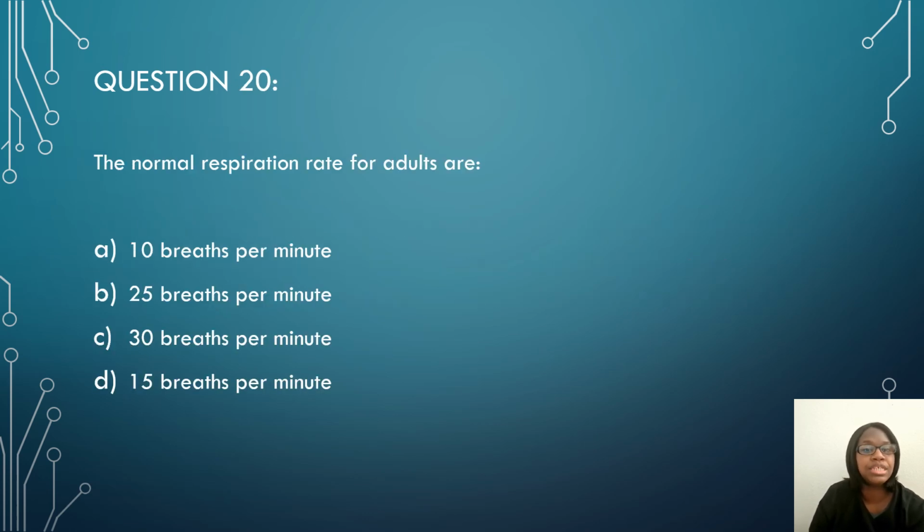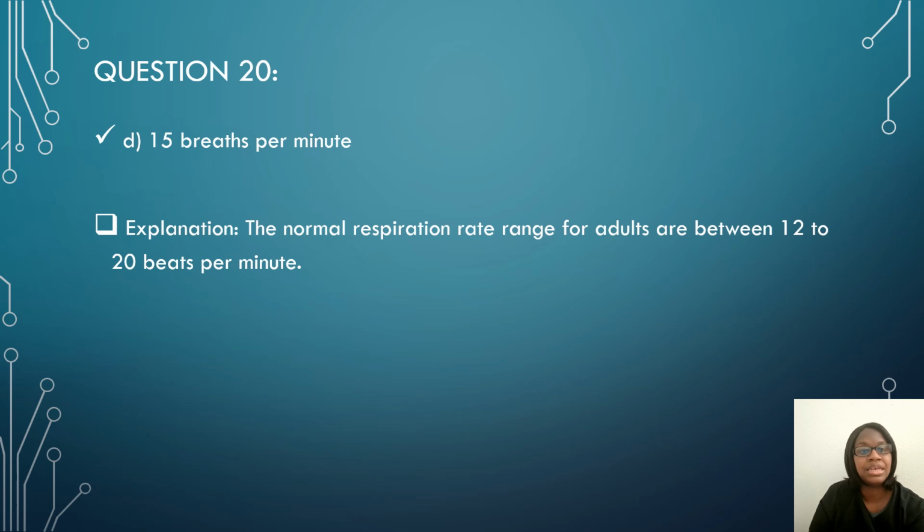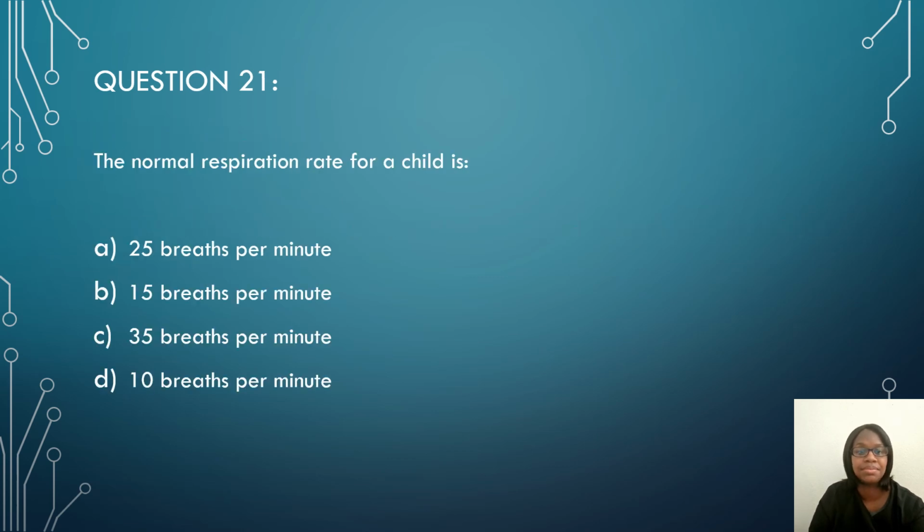The normal respiration rate for adults are 15 breaths per minute. The normal respiration rate is anywhere between 12 and 20 breaths per minute. But for this question, the answer is 15 breaths per minute.